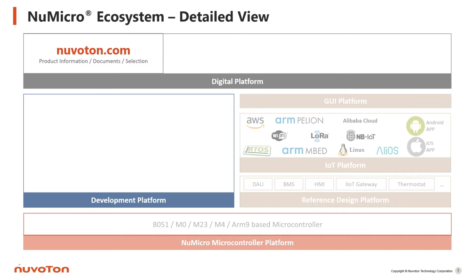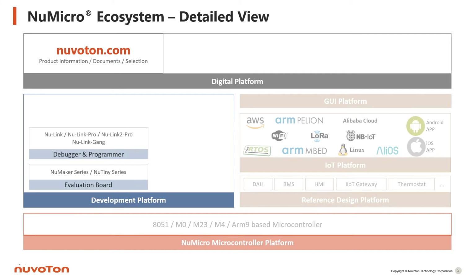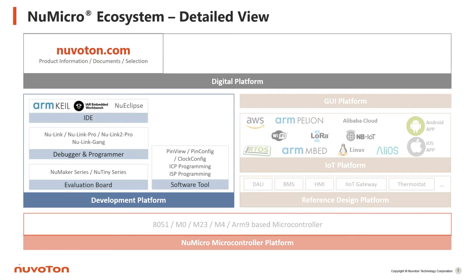There are 5 items in the development platform: the NuMicro Evaluation Board, the hardware development tool, also known as the Debugger and Programmer, the software development tool, the Integrated Development Environment (IDE), and the Board Support Package (BSP). Simply with these tools, we can do the MCU development efficiently.